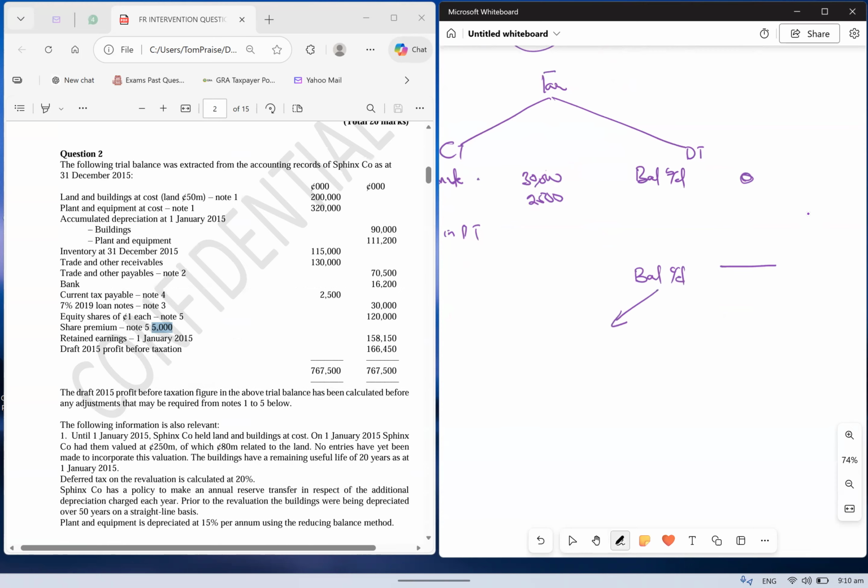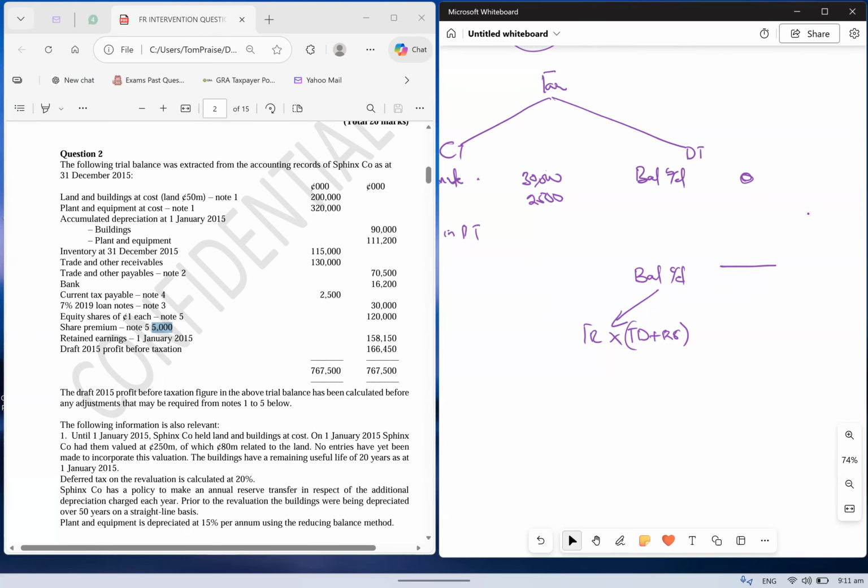And do you remember the formula for calculating deferred tax, the formula I gave you? The tax rate times TD plus RS. Do you know what RS is?